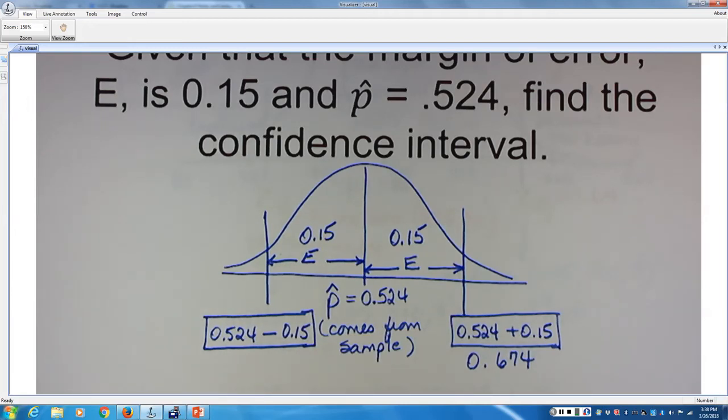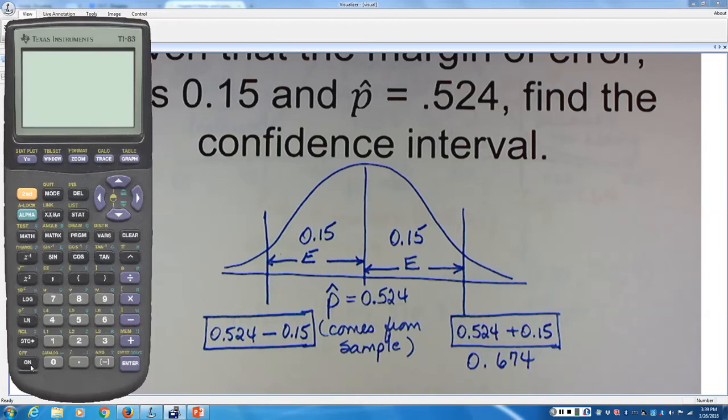And that comes out to be, let me do the calculator, 0.374.